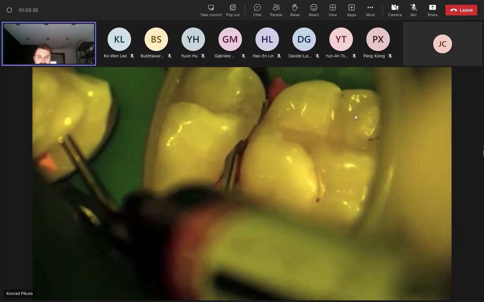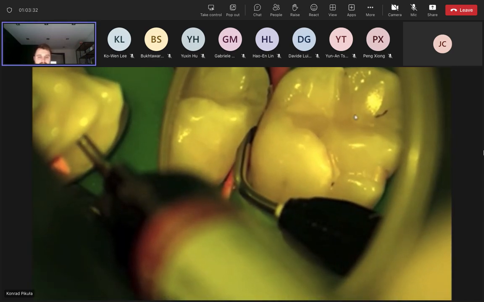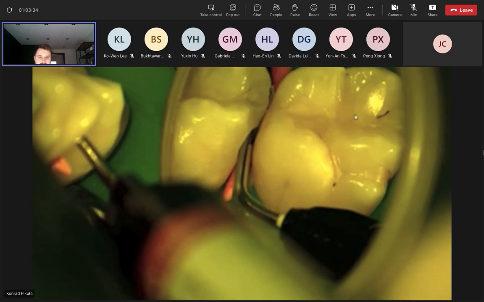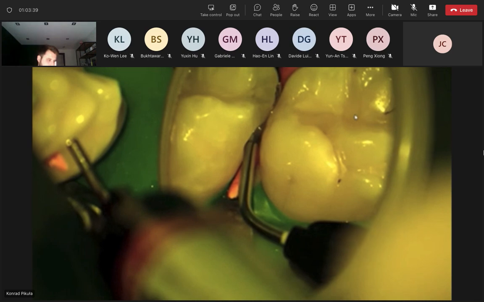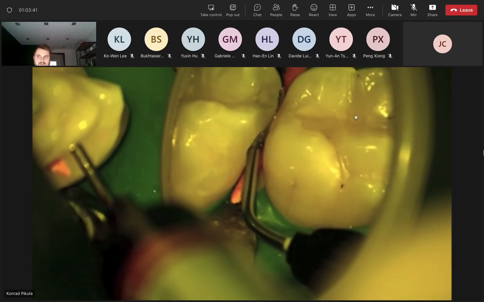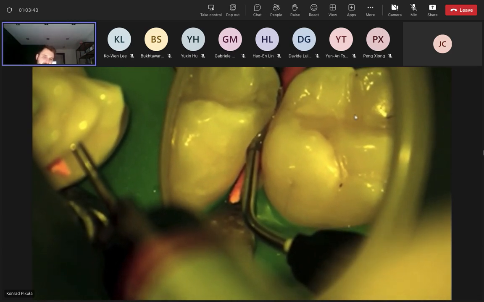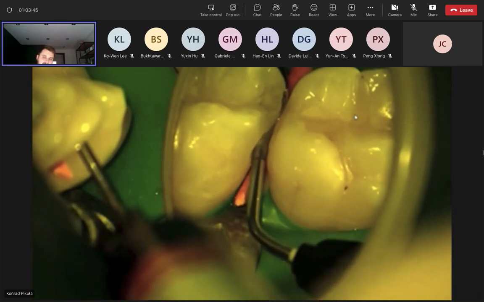And right now we start the filling of the cavity. Here we've got the filling done by the flow composite, which could be done in this technique.